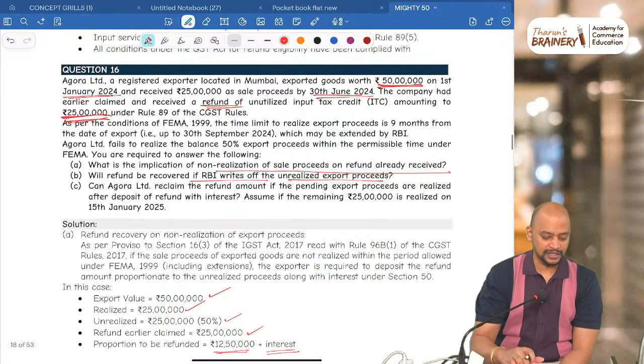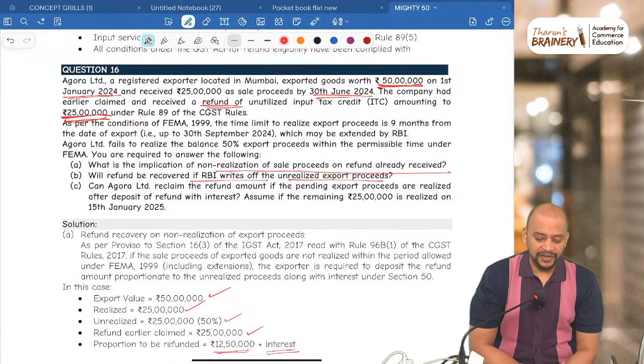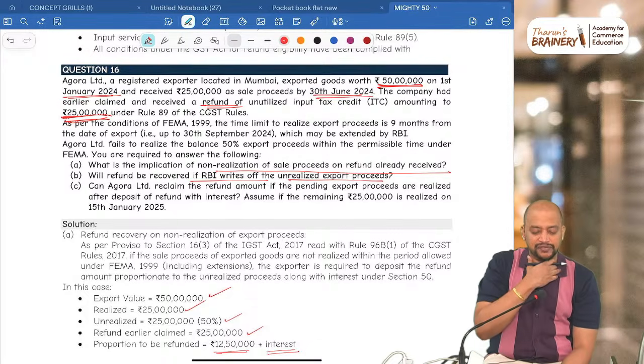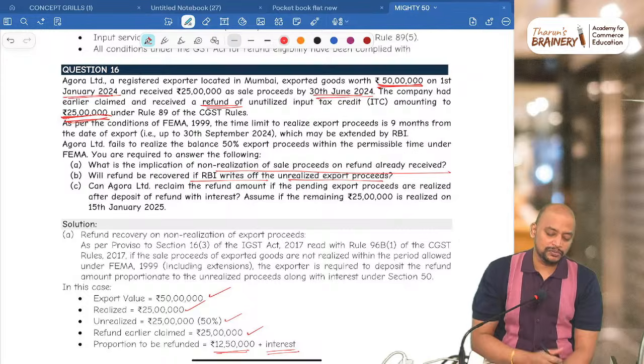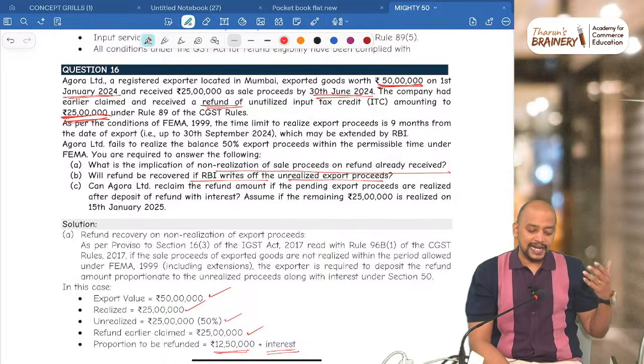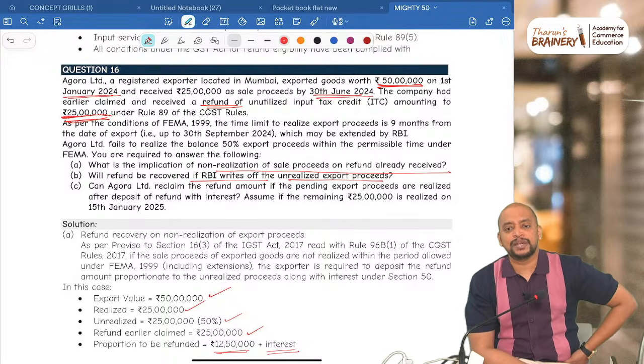Then third part, can Agora Limited reclaim the refund amount if the pending export proceeds are realized after deposit of refund with interest? Assume the remaining 25 lakhs is realized on 15 January 2025. So this reclaim of refund is possible provided within the time limit given by RBI.